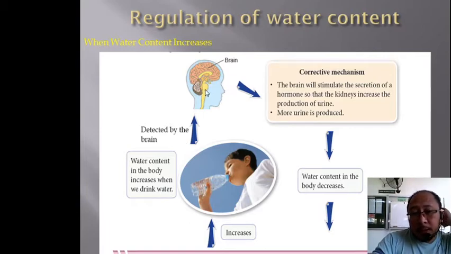So the brain will detect the changes, and a corrective mechanism will be instructed by our brain. The brain will stimulate the secretion of hormones so that the kidneys increase the production of urine. More urine is produced. After that, water content in the body decreases and it will become normal.